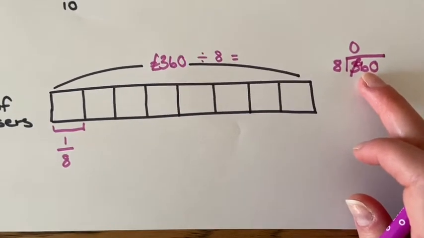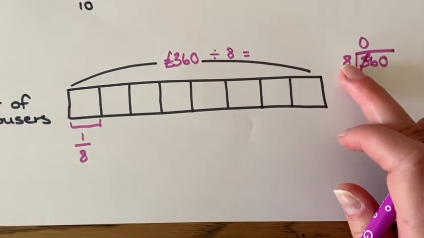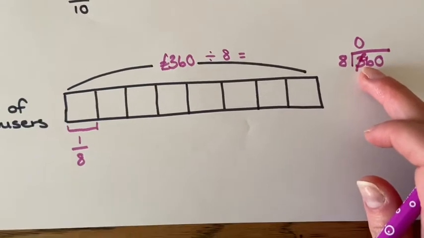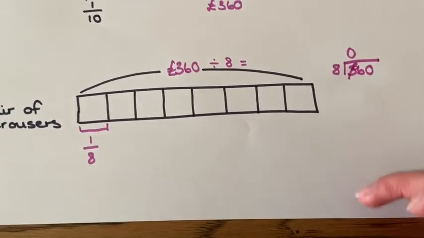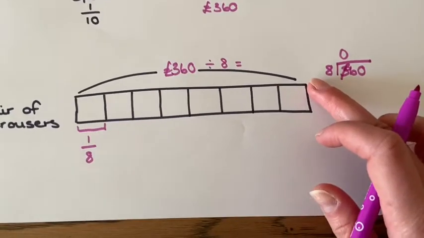So now I can think, well, 36 divided by 8, 36 tens. So if I had 36 counters that were all worth 10 each, how many groups of 8 could I make?